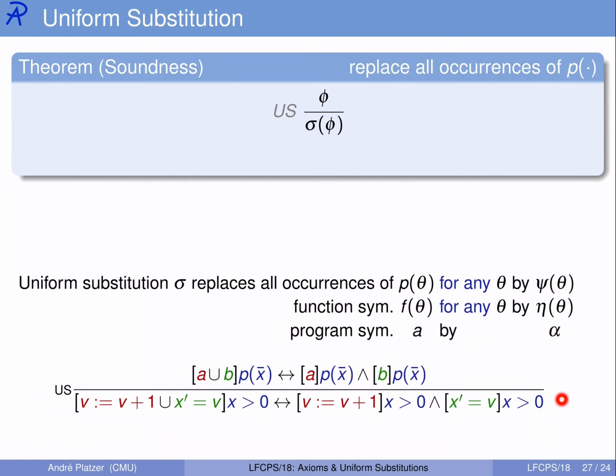For example, replace the program symbol A everywhere it occurs by the same program, for example a purely discrete one, replace the program symbol B everywhere it occurs by another program, for example a differential equation, and replace the predicate symbol P by a concrete formula, for example x greater than 0, everywhere it occurs.